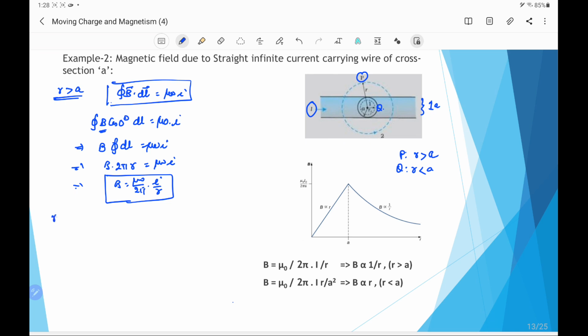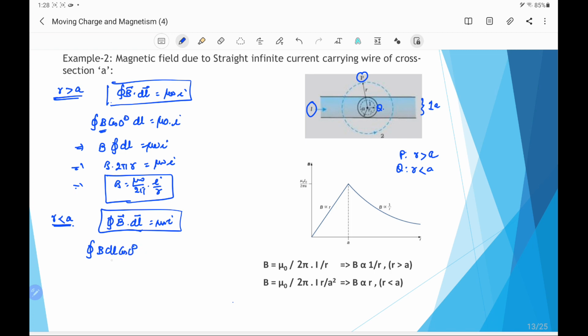Now take the other case when r is less than A, that means the point is lying inside the wire. So using Ampere's law, integral B dot dl equal to mu naught I. Now we take a point on the Amperian loop of radius r, we can write integral B dl cos 0 degree.